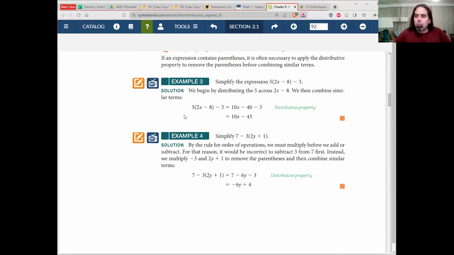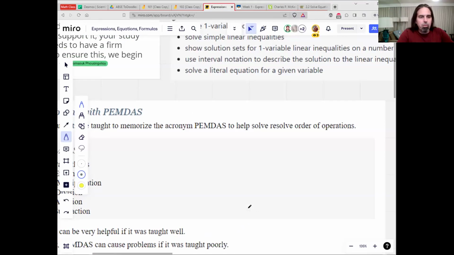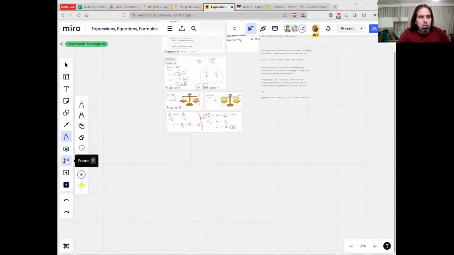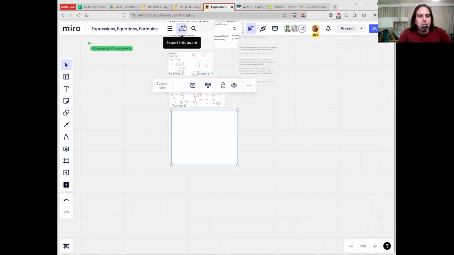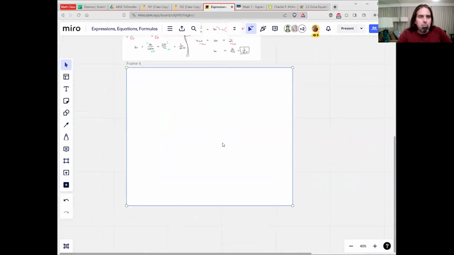Has anyone ever shown you drawing this like rectangles? Oh, no, let's do that. One moment. Shrink things down. Make another frame. Okay. Zoom in some.